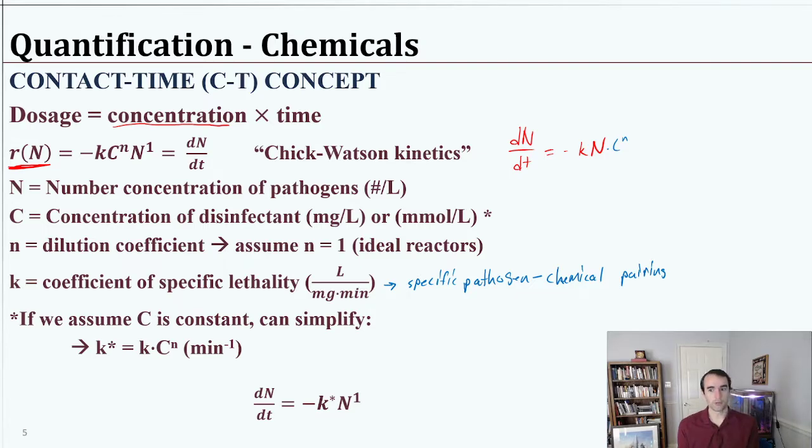This is especially true if you're looking at Cryptosporidium, which has a very low coefficient of specific lethality with chlorine, for example. So that is specific to the type of pathogen and the type of disinfectant. And you'll see here this liters per milligram. That's actually showing you what kind of concentration of disinfectant we are using.